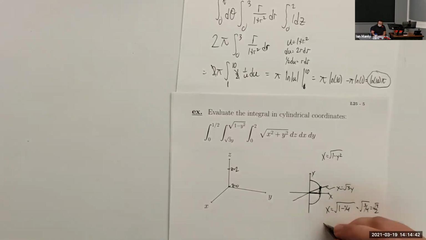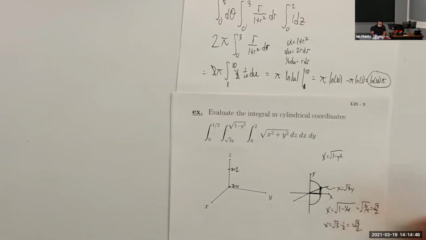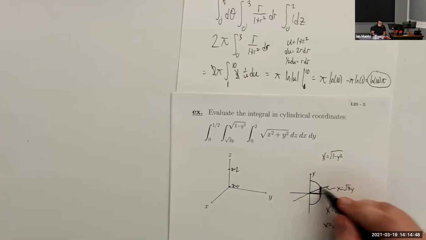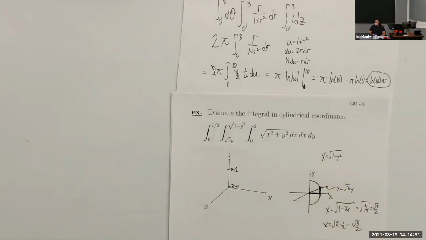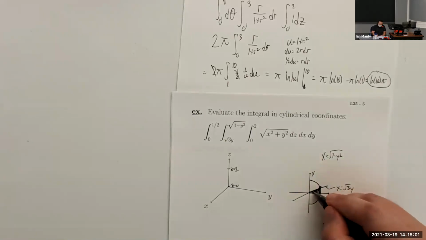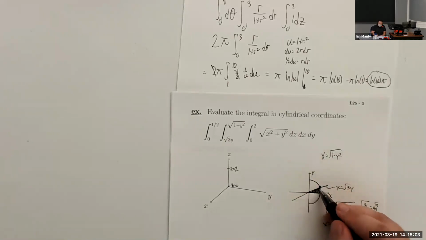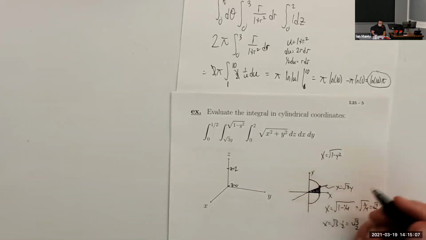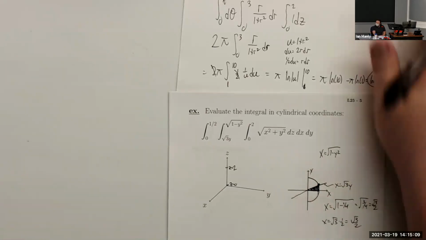But then if I plug in 1/2 for this, I also get √3 over 2. So y equals 1/2 will be at the same place for both of those right here. All right. And so that means that we're looking at this little piece of pie right here. This is going to be our region in the XY plane, or the r theta plane as we're calling it now.